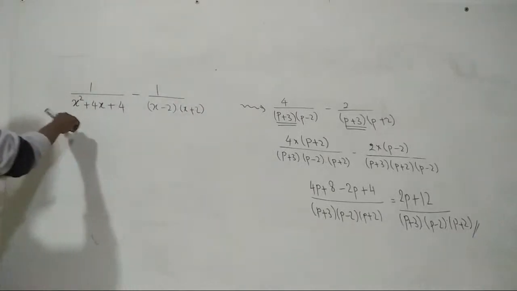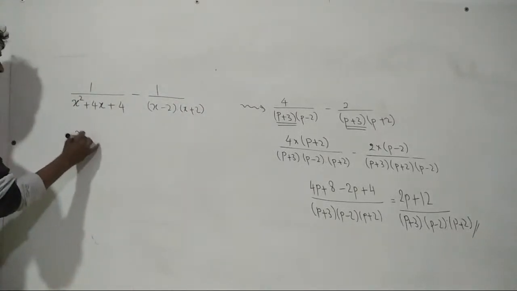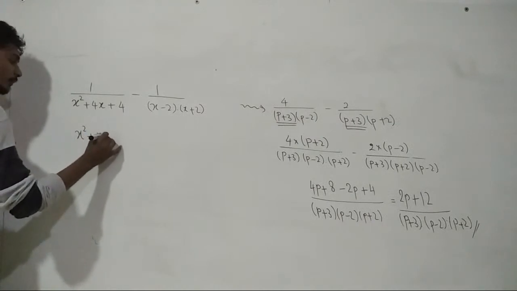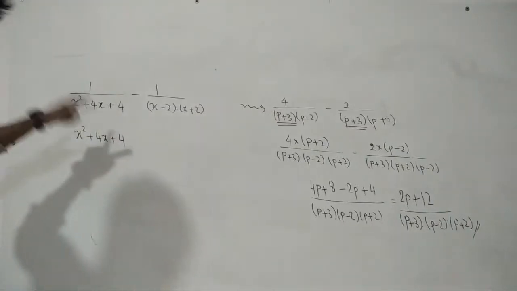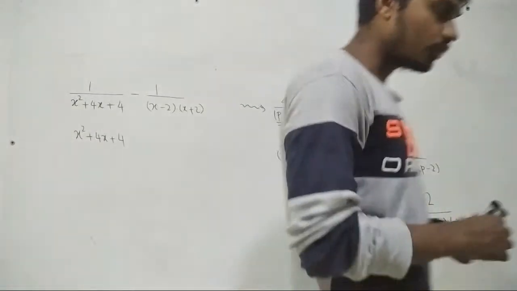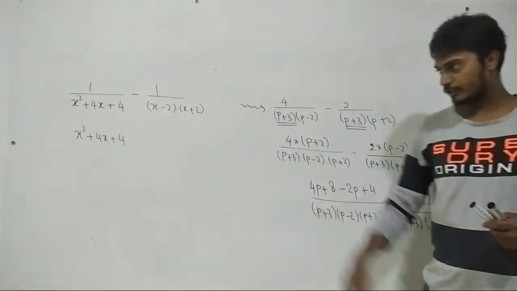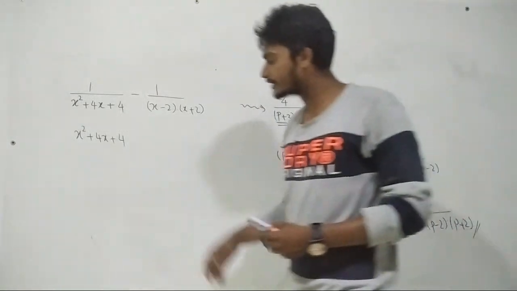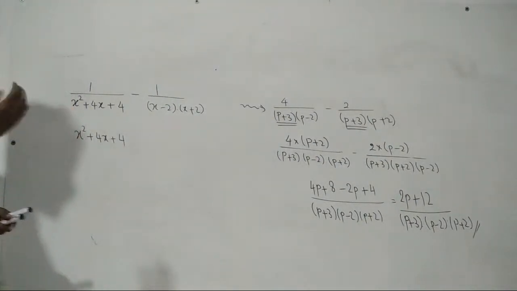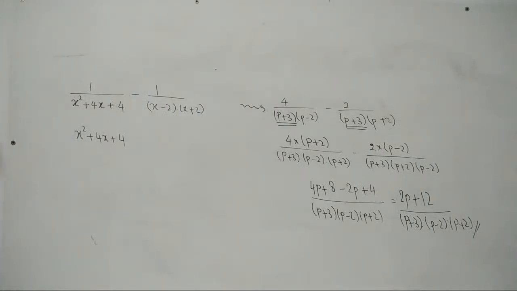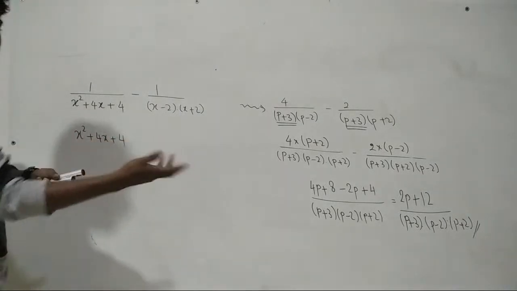So guys, now let's consider x squared plus 4x plus 4. Now let's break this 4x into 2 portions such that when you add them, you get 4, and when you multiply the coefficients, you must get 4.